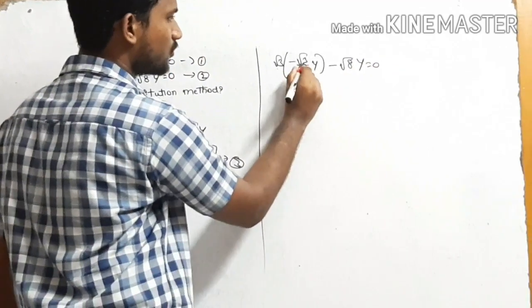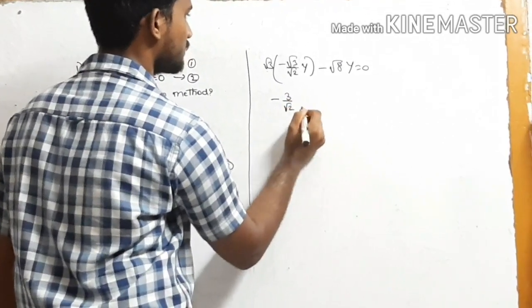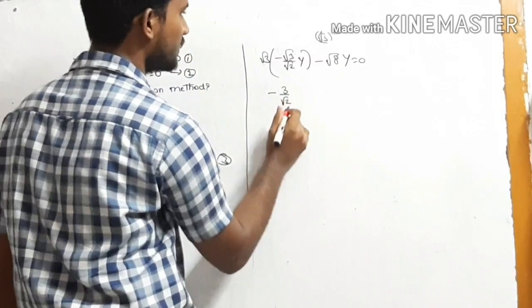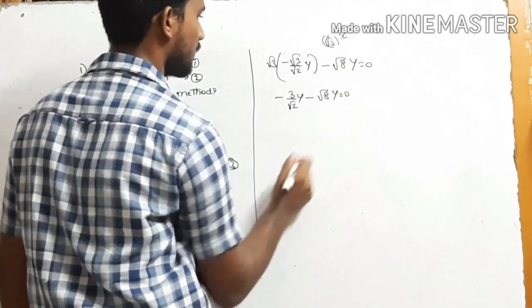Then root 3 into root 3 is root 3 whole square, which is 3, by root 2. The square root cancels, that is 3y minus root 8 y equals 0.